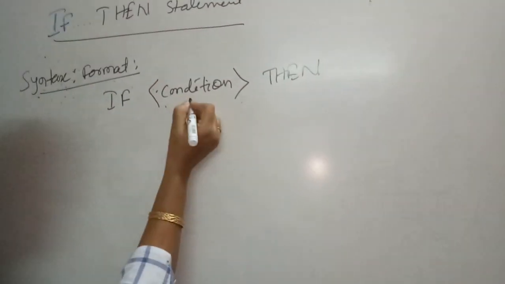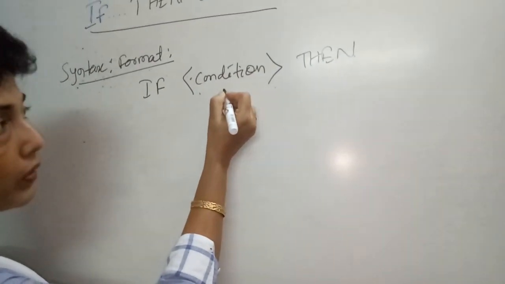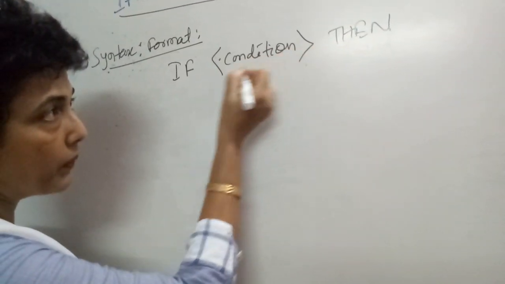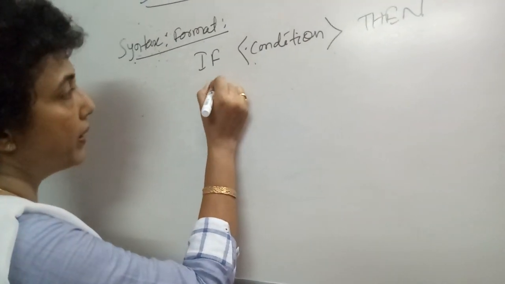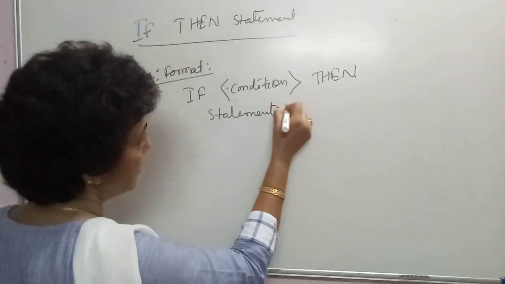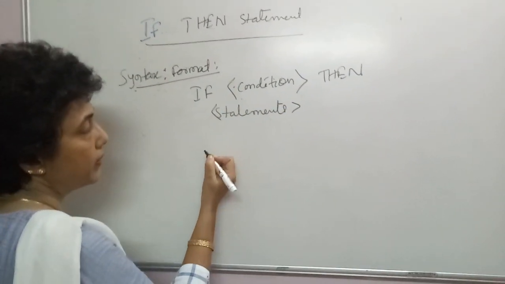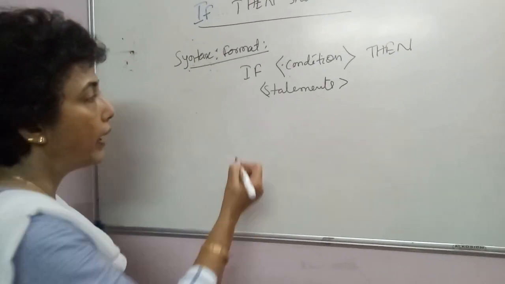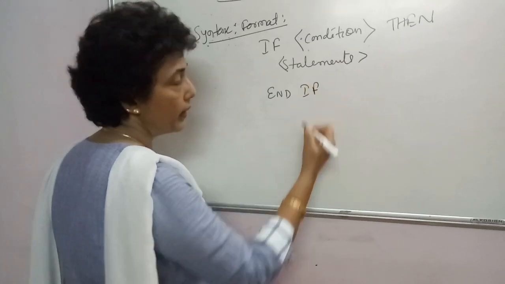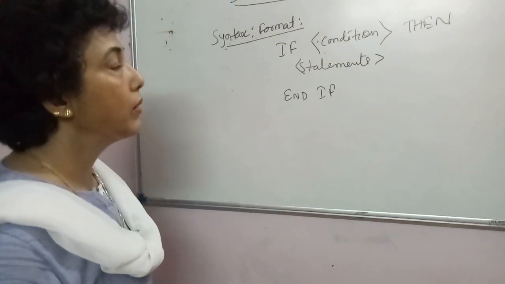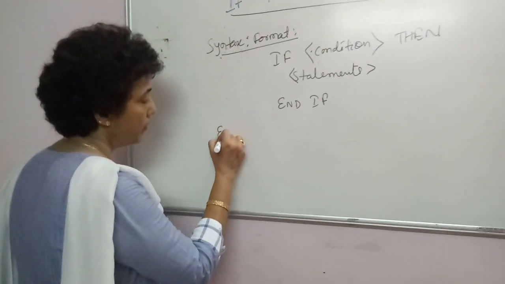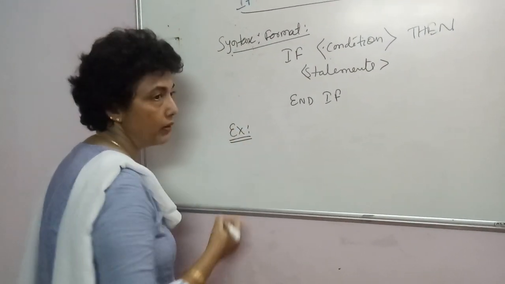And if this condition is true, then what will happen, that you have to write just after the then, some statements. And this will end with end if, that marks the completion of the if-then block. Let us check some example.